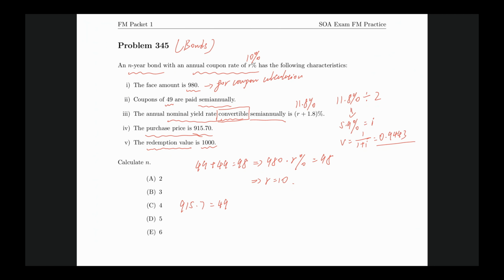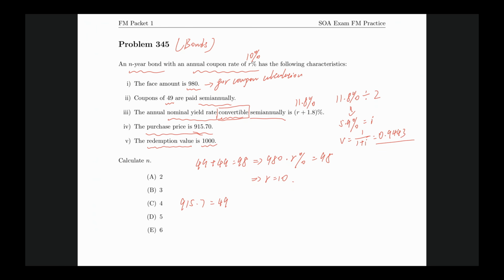Since they give you coupons every half year and it is an n-year bond, they're going to give the buyer 2n payments, with the interest of 0.059, the interest for half a year. That's the PV for all the coupons.